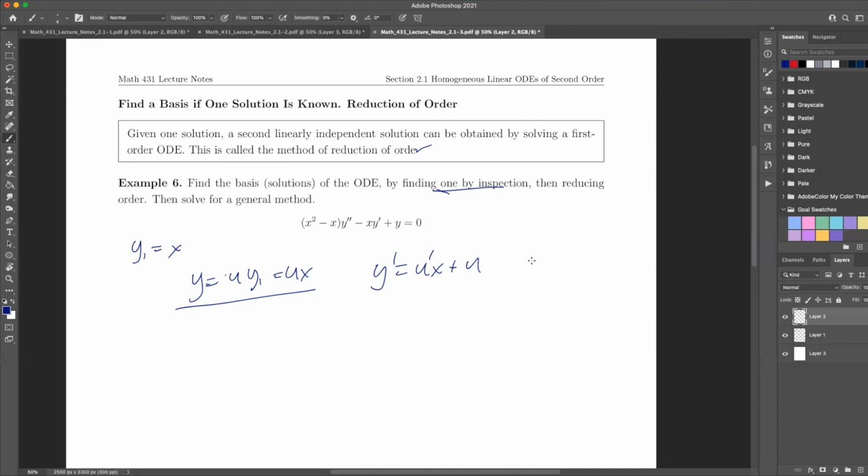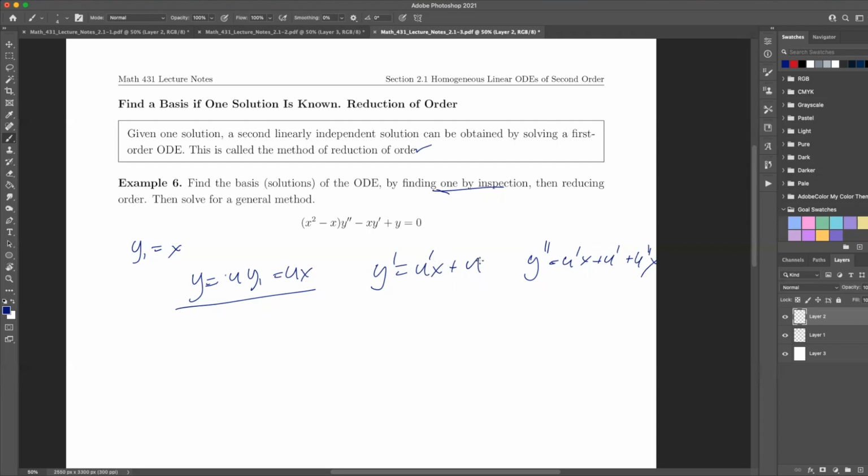Then we need to take its second derivative. I use the product rule here.